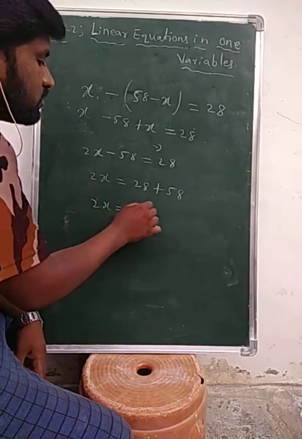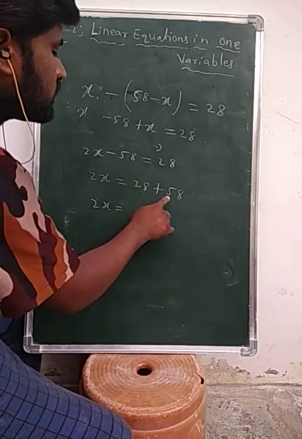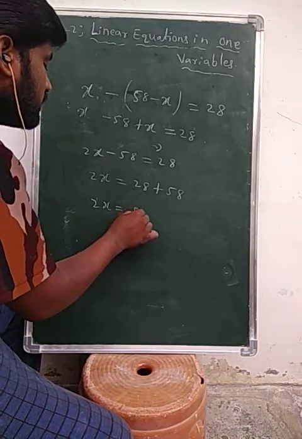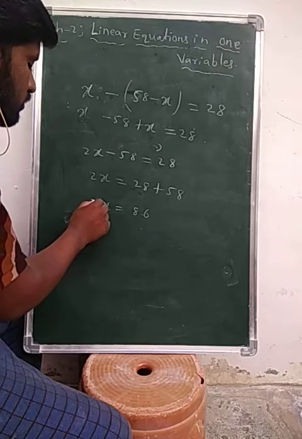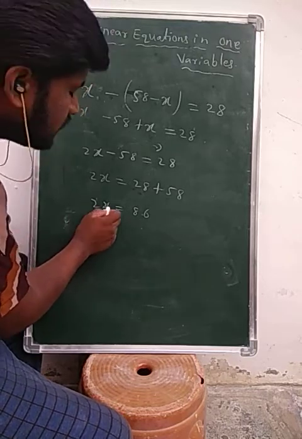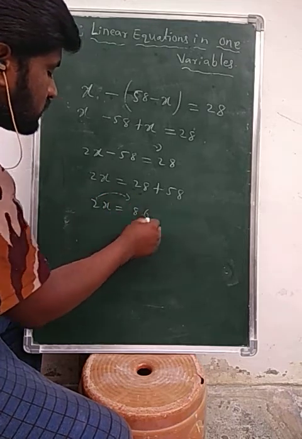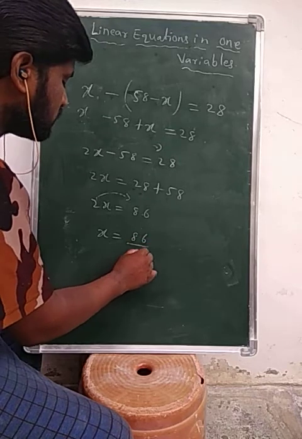Now 2x is equal to 28 plus 58, that is 86. Now 2x means the product of 2 and x. So 2 is transposing to the RHS, we get x is equal to 86 by 2.